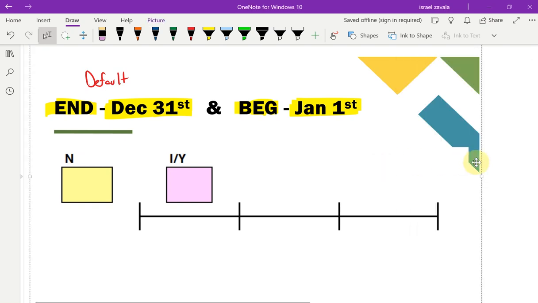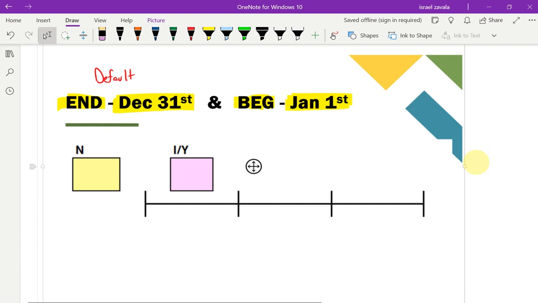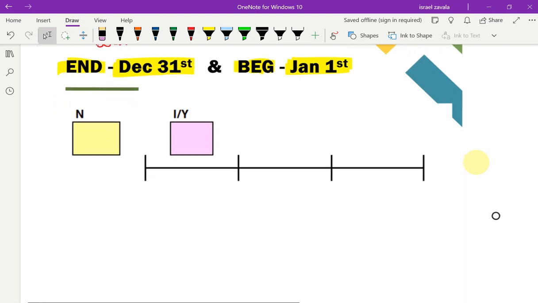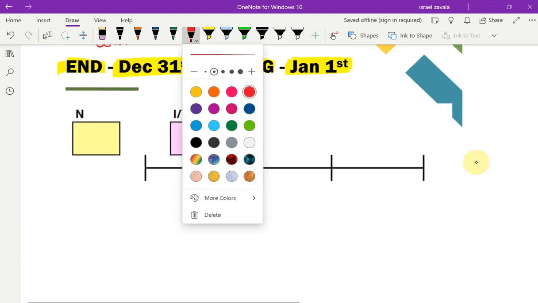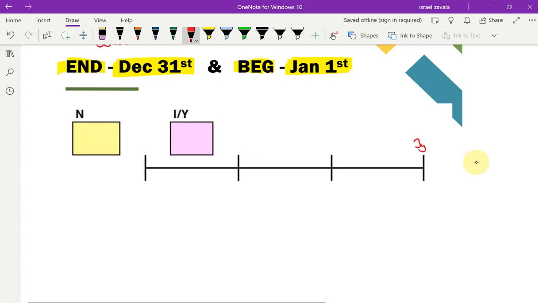Okay, so I'll just do the first year here as an example. For example, we have 3 years here. 2, 1 year, and time 0, which is actually today or the beginning of the period. Now, the beginning of the period, because they're yearly, is going to be January 1st, okay?